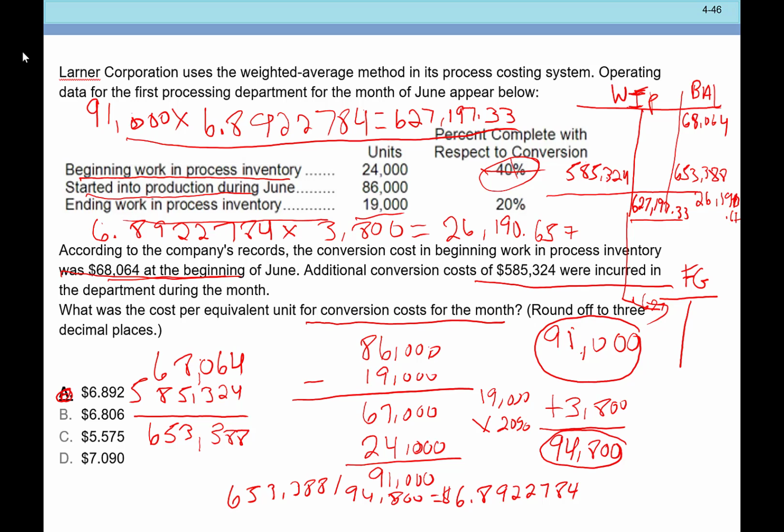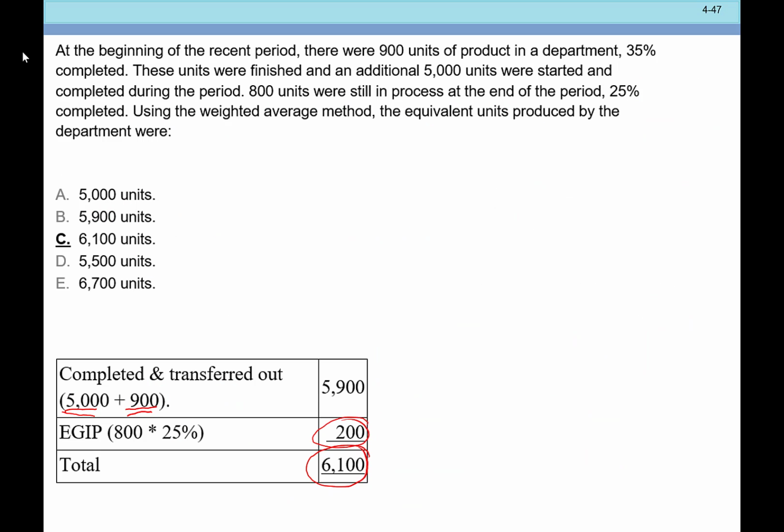Okay, good. Now one more equivalent units calculation, guys. We had units finished and transferred out, 5,000. That's our number, plus what?